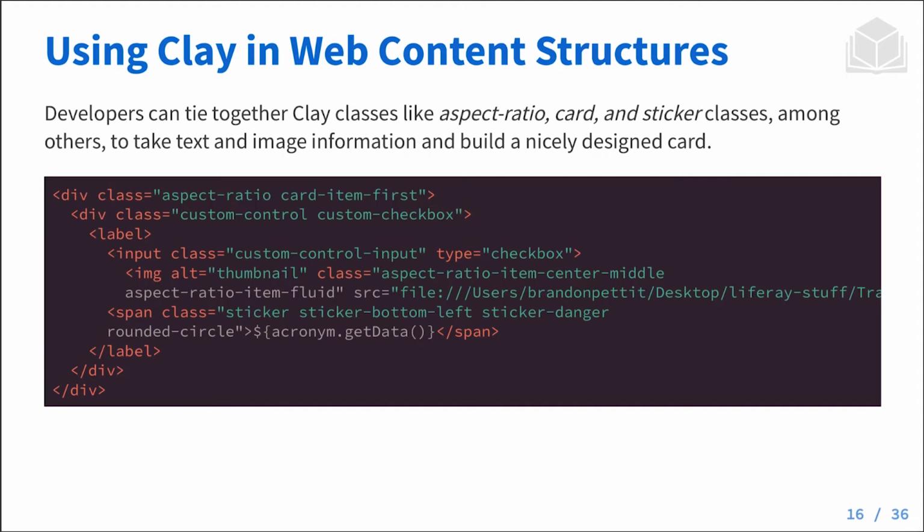This is a quick example of using a number of Clay classes to provide a nicely designed card structure. You'll see the .getData method, which is taking information from a structure. So you can take the data for each of the structure fields and provide the design using FreeMarker and some of those Clay classes.